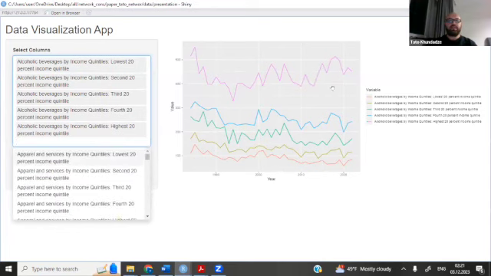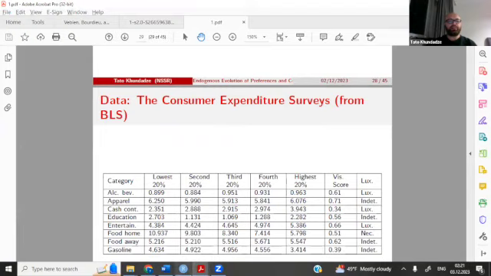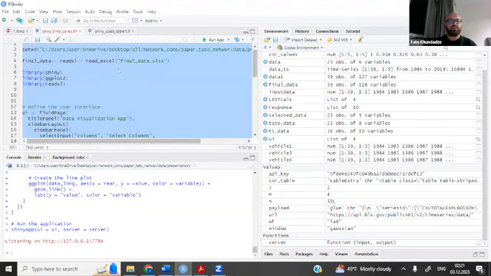Another thing in terms of classification, which I think is important, which I want to show here.